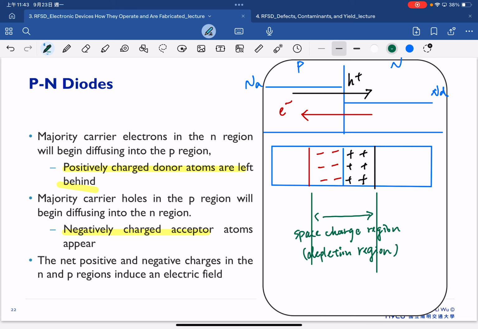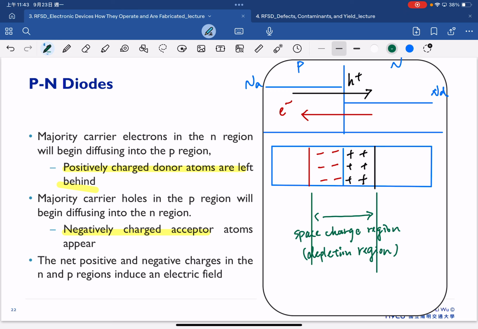If you try to understand the space charge region from the Mandarin translation, it can get complicated and confusing, because in lots of Mandarin-based textbooks they just translate it as 空间电荷.